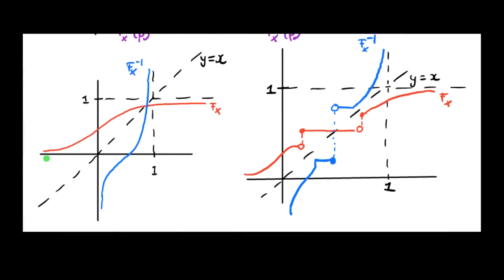Here are some examples. We have here the CDF of the standard normal distribution. Its values lie between 0 and 1, as we can see. Here is the line y equals x. Its reflection is the quantile function associated with the standard normal distribution, and it is only defined for values between 0 and 1. Now, a CDF can also have jumps.